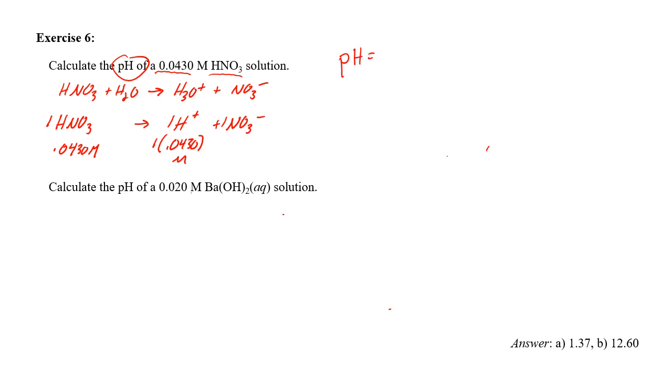The pH equals the negative log of the hydronium, or the H+. So when we plug this in, we get 1.37.